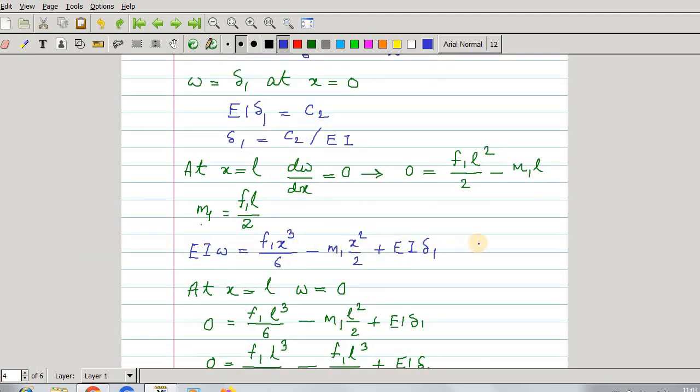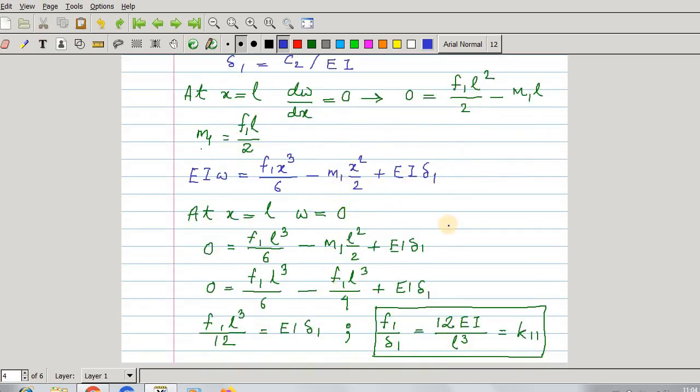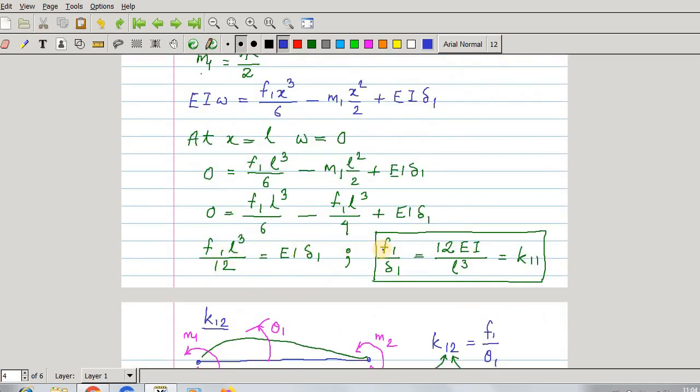So EIw is this. Now at x equal to L, w equal to 0, that is the fourth boundary condition, which gives you this. And from here, if you take F1 by delta 1, that means force per unit displacement at 1, equal to 12 EI by L cube, that is K11.